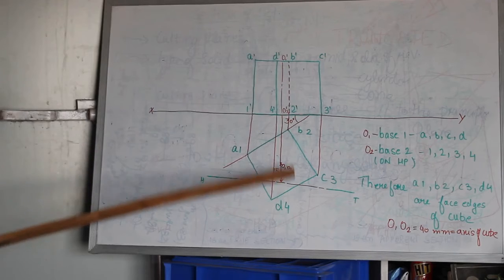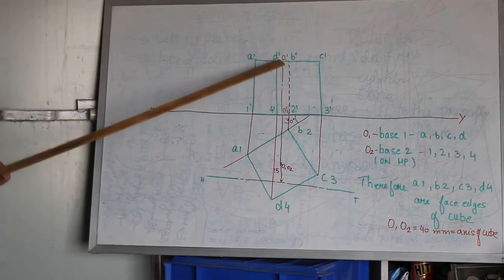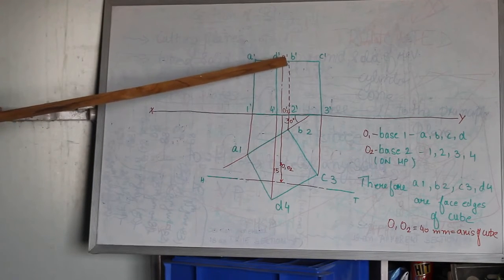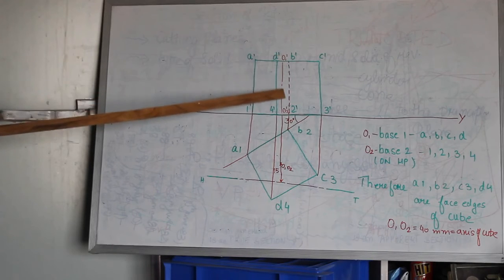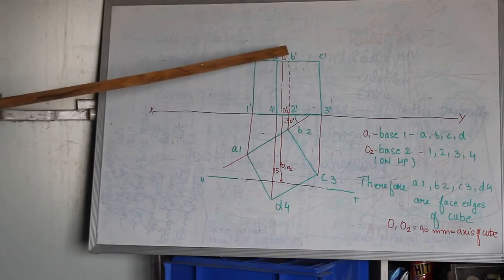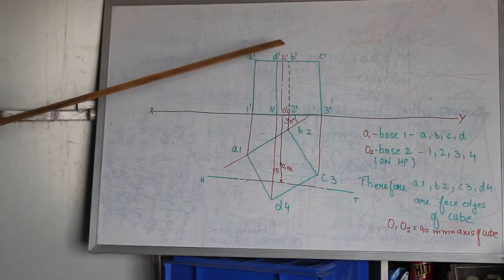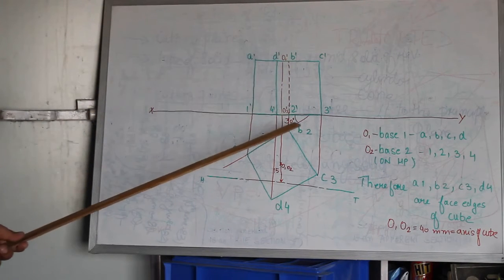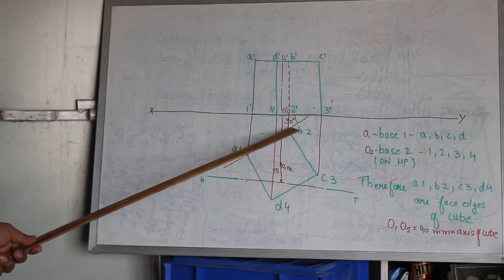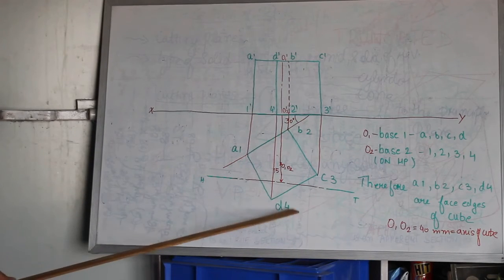Then B dash 2 dash. I've made this with a thin line, but it is a short dash medium line. And what is the application of a short dash medium line? It is used to show those edges which are hidden from us.